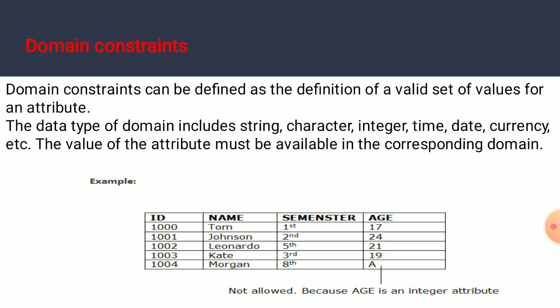So here we see an example. If the attribute age has a numeric or integer domain, and you enter some character value, then it's not allowed, because we have applied the constraint that in age only integer values are acceptable.